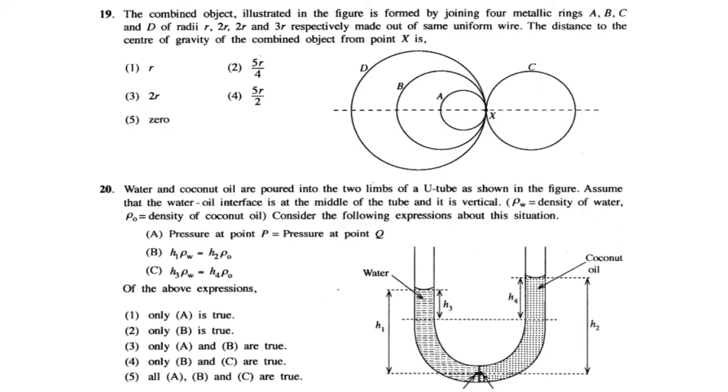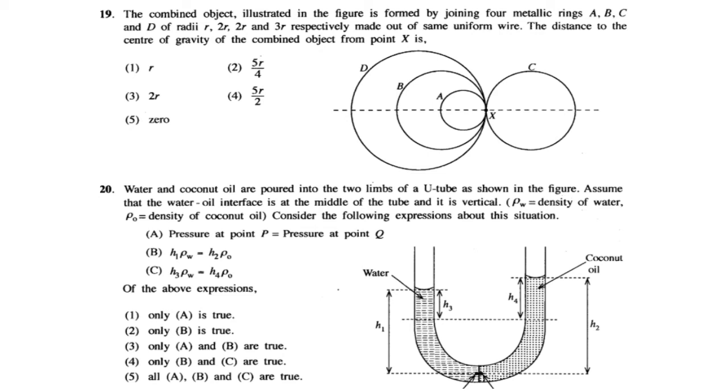Question number 19. The combined object as in the figure is formed by joining 4 metal rings A, B, C and D of radii R, 2R, 2R and 3R respectively, made out of the same uniform wire. They are asking for the distance to the center of gravity of the combined object from point X. The center of gravity is the point where the weight of the object acts.